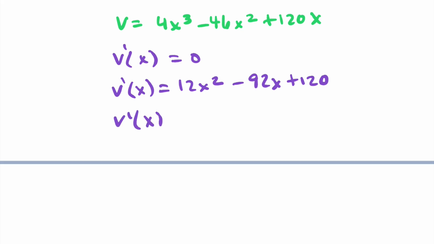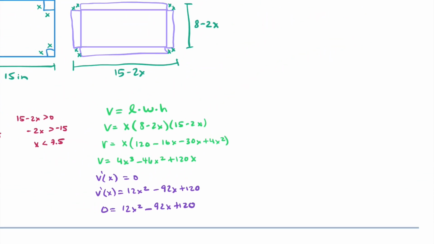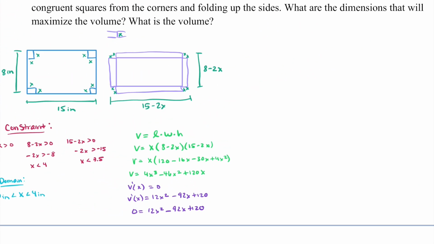Setting the derivative equal to 0: 0 equals 12x squared minus 92x plus 120, I believe, is what we get for our derivative. Sometimes it is factorable, other times we go straight to the quadratic equation. Let's say this is factorable, which I think it is.